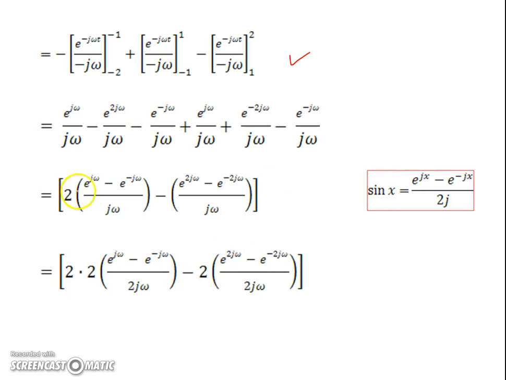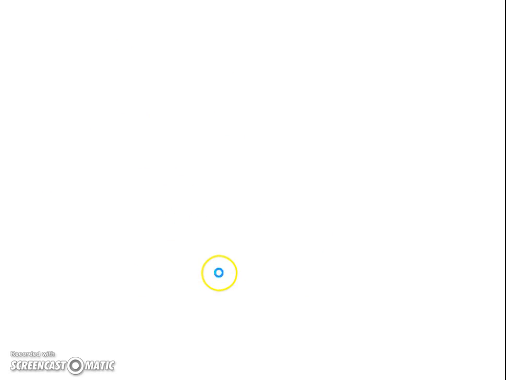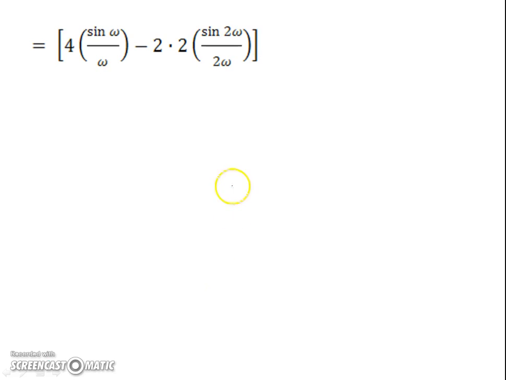So we will add a 2 here and outside here, and from here to here, we will have 4 sine omega over omega minus 2 sine 2 omega over omega.